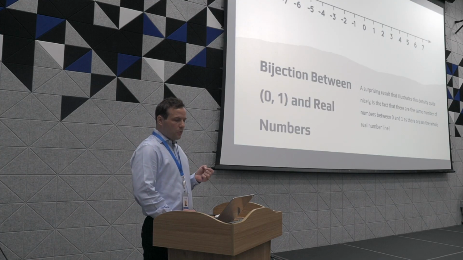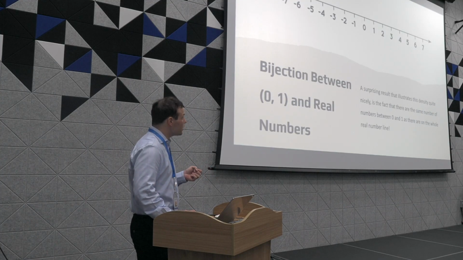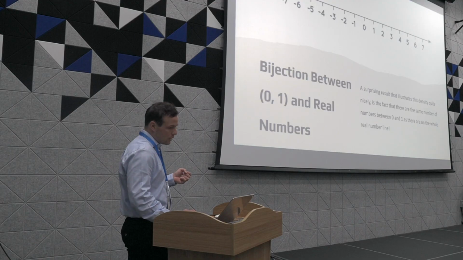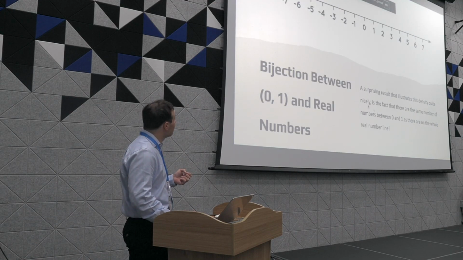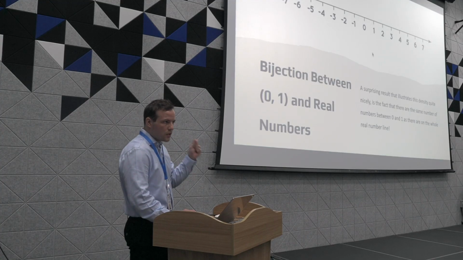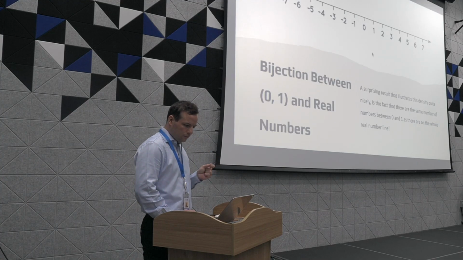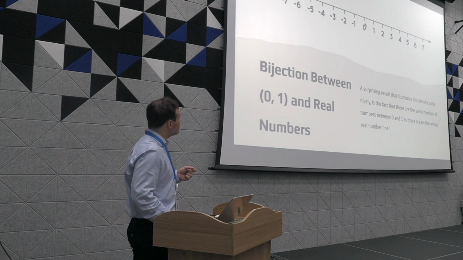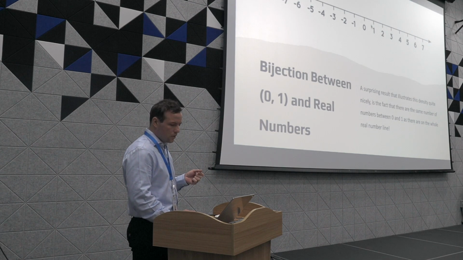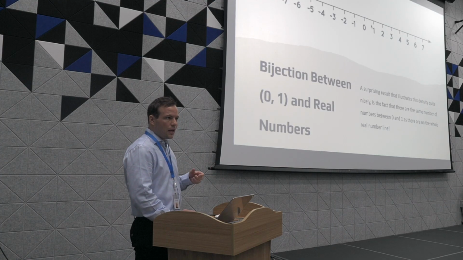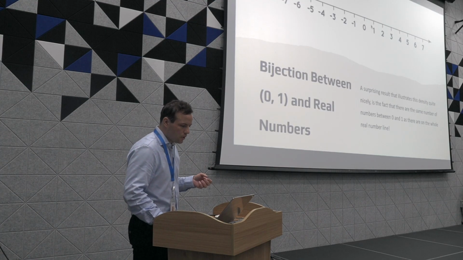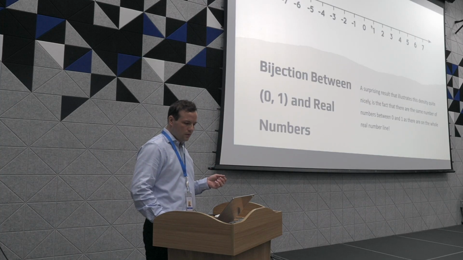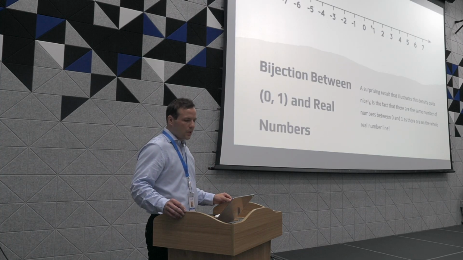Which is quite remarkable when you first hear it, because if we consider that whole real number line, and then just consider this section here, between 0 and 1, there are the same number of numbers. And that goes against our intuition, because that section there is contained within the real number line. And containment, in our world, when we work mostly with finite things, means that it's smaller.